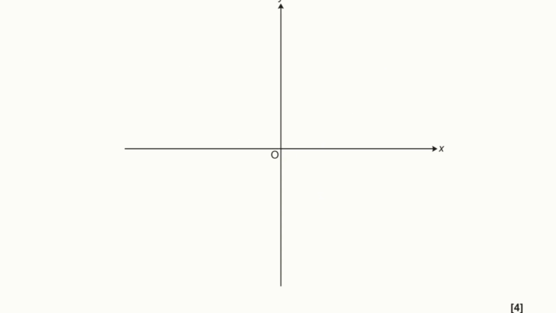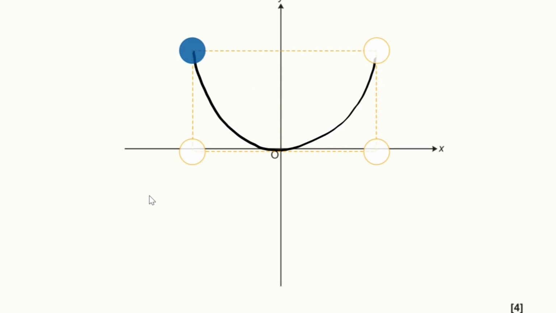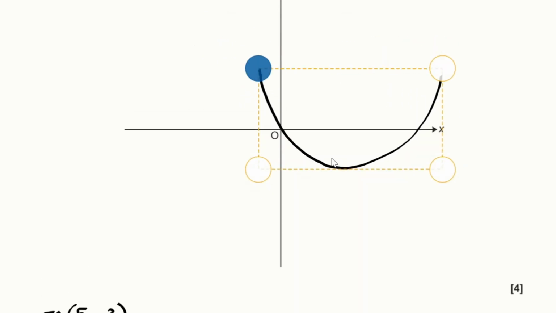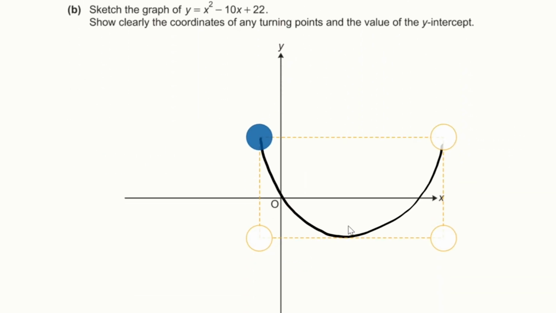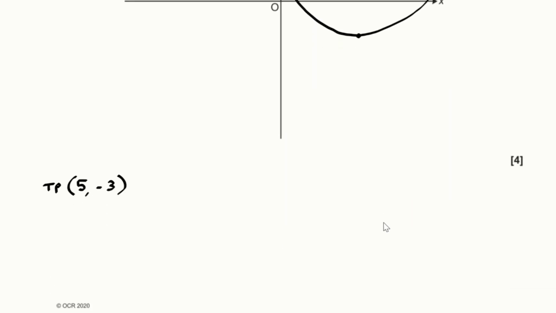And then we're translating this graph 5 across, minus 3 down. The y-intercept will be at 22, over here, and we've got our turning point over here.